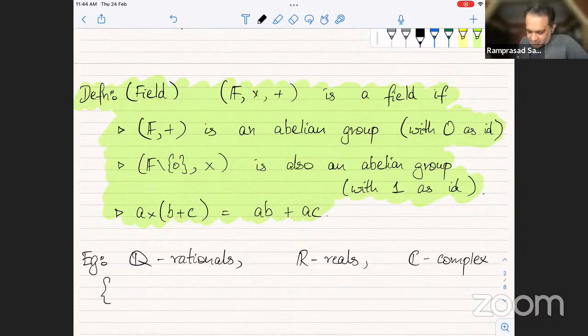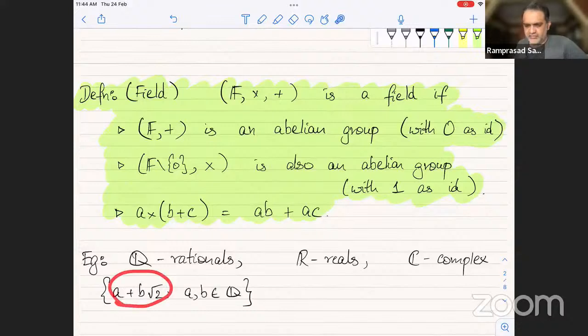So for example, here is an example, which is the set of all elements of the form a plus b root 2, where a and b belong to the rational numbers. One thing that is easy to see is that certainly if I add two numbers of this form, I get another number of the form a plus b root 2. Similarly, if you multiply two numbers of this form, you will get a number of this form.